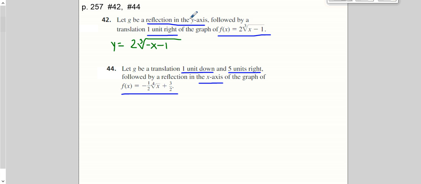Reflection in the y-axis, multiply just the x by -1. Reflection in the y-axis, that's where we do f of -x. So replace your x with a -x, followed by a translation 1 unit to the right.